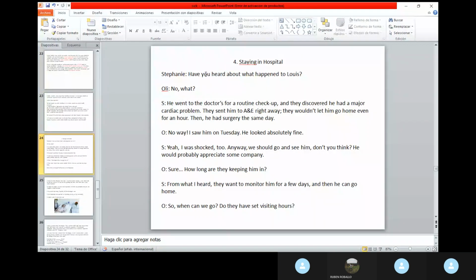Have you heard about what happened to Morpheus? No. What? He went to the doctor for a routine checkup, and they discovered he had a major cardiac problem. They sent him to A&E right away. They won't let him go home even for an hour. Then he had surgery the same day.